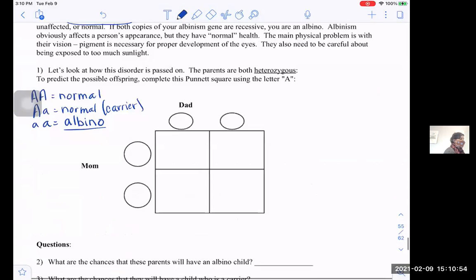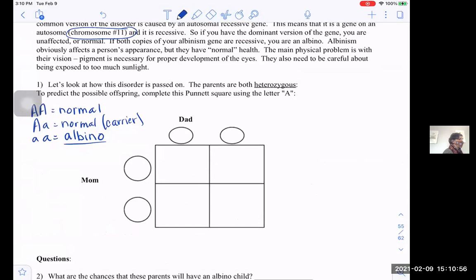All right, so let's go back and figure out what a cross between 2 parents that are both heterozygous looks like. So cross 2 parents that are heterozygous. And we're going to use A's for albinism.